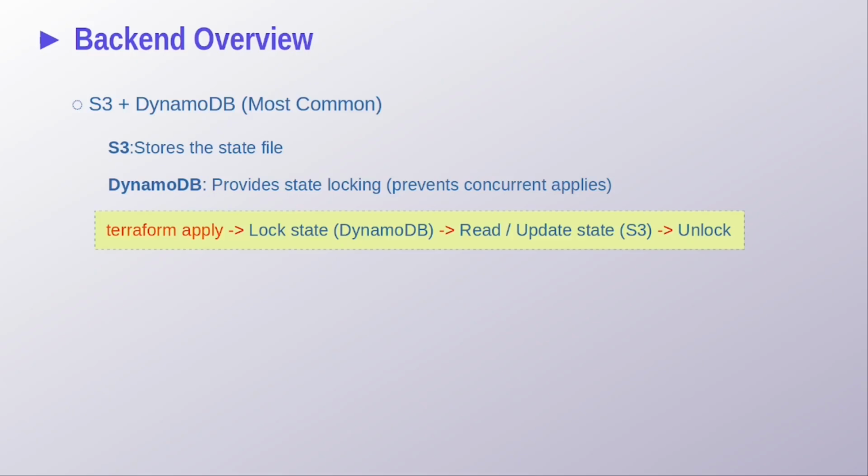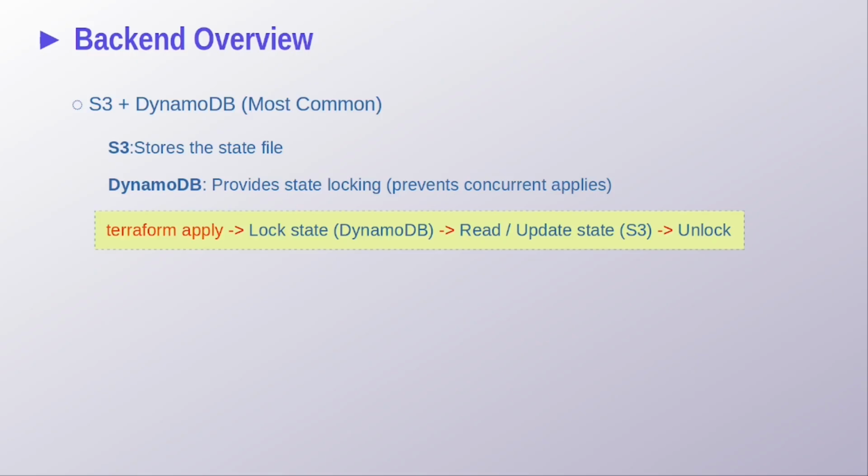S3 and DynamoDB. This is the most popular setup on AWS. How it works: S3 stores the state file. DynamoDB provides locking. Execution flow: when you run the terraform apply command, Terraform does this first.